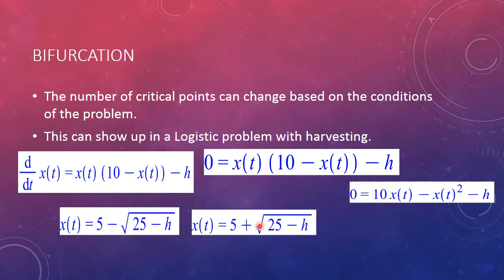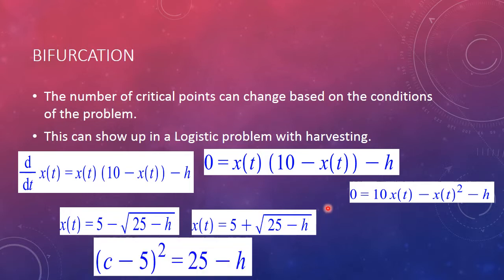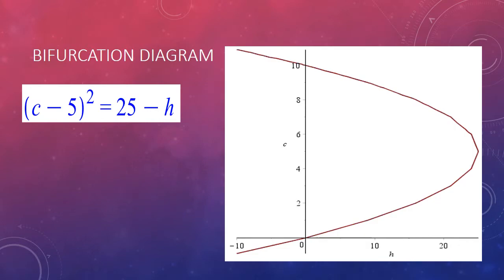So how do we analyze systems like this? Well, what we do is I want to rewrite my solution this way, where c is my critical point, or x. Okay, basically I'm trying to solve this. I'm moving the 5 over to my x of t here, where that's my critical point, squaring and getting this under. So what I want to do is make a graph of this. Okay, so here's a graph.